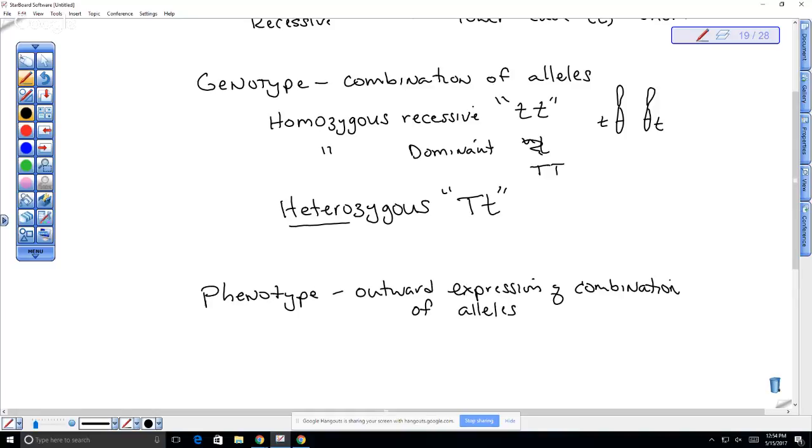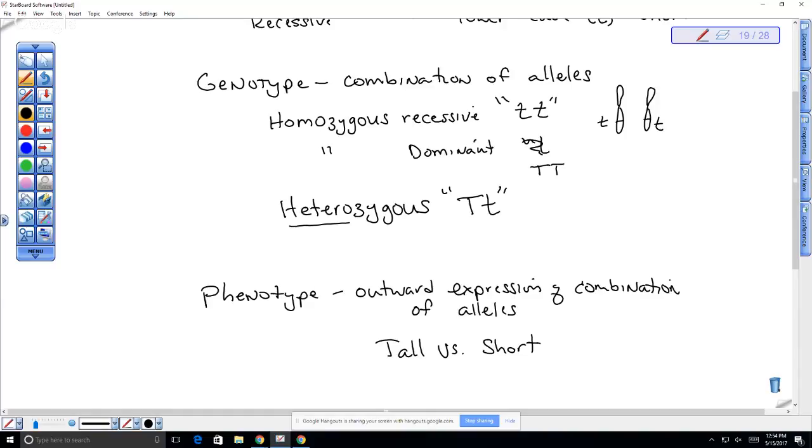So in the example that I gave, we talked about tall versus short. But it doesn't necessarily have to be something that I can look at and see on the outside of your body. So it could be, oh, do you produce lactase? Do you have that gene that allows you to produce lactase to digest milk? Or do you not, right? That's still outward expression because it's inside your body, but it is expressing itself outside of the genome, right?